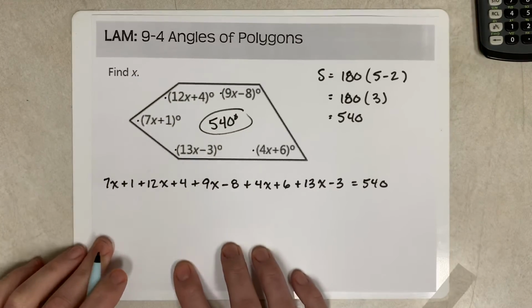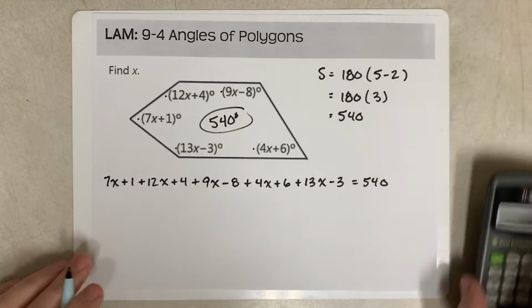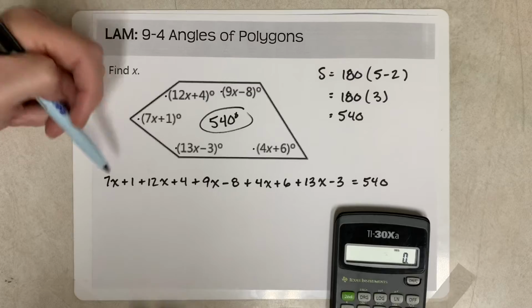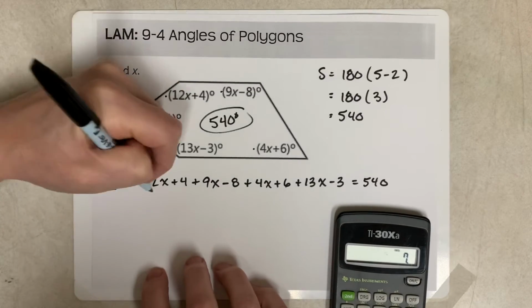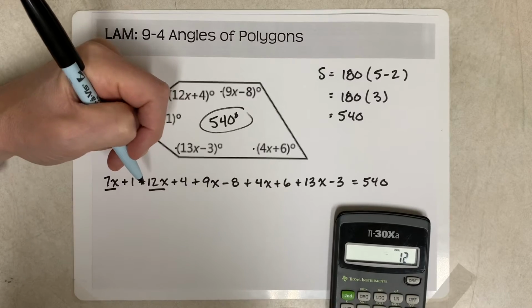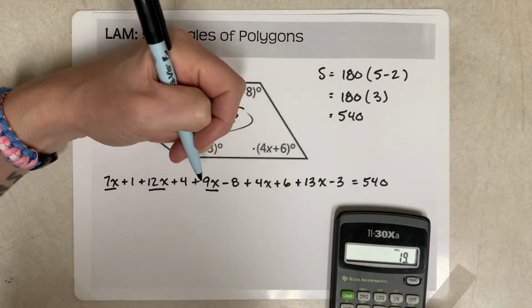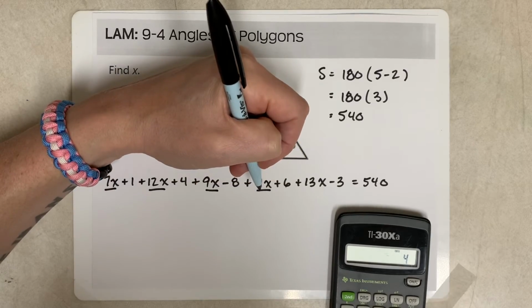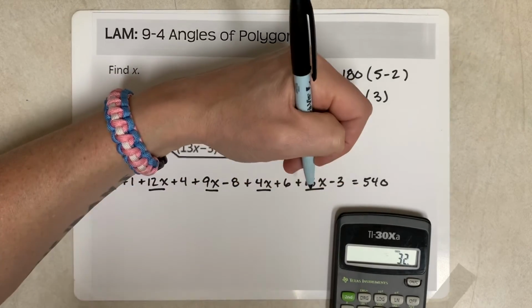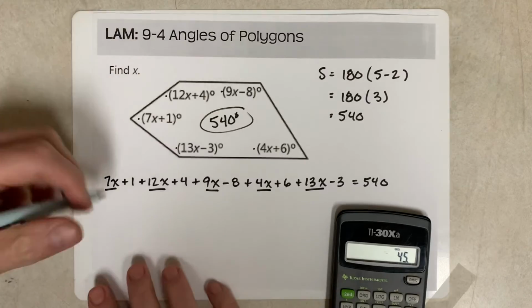It looks really bad, but it's really not that bad. All right, so let's see what we got here for x's. We got 7 plus 12 plus 9 plus 4 plus 13 equals 45.